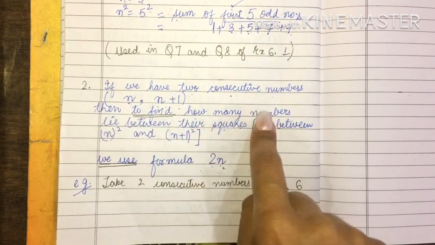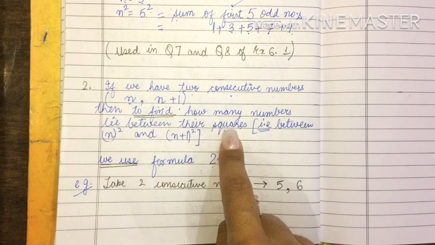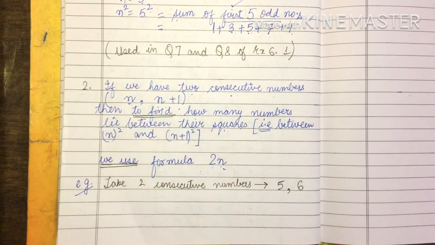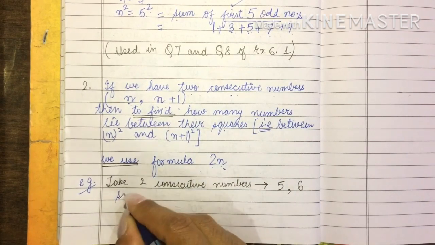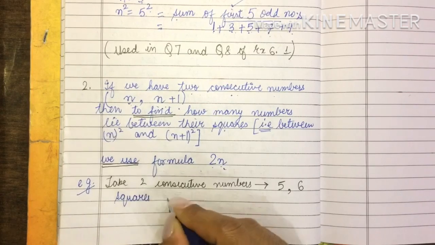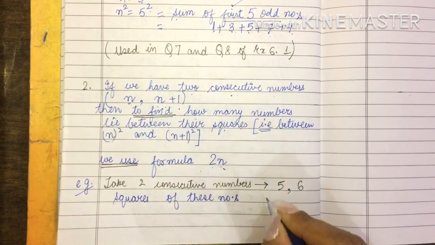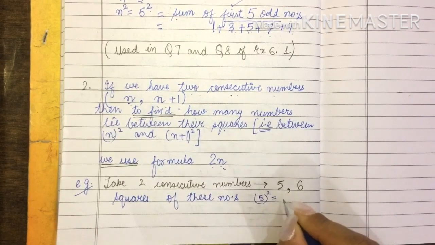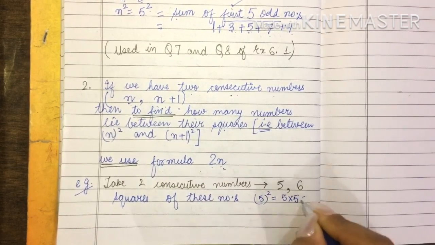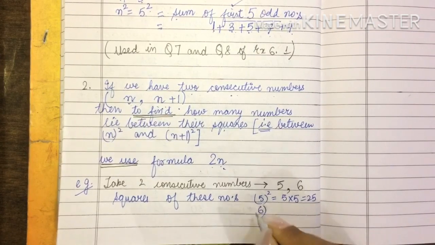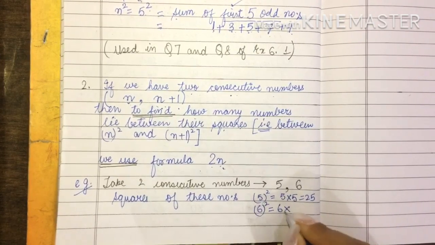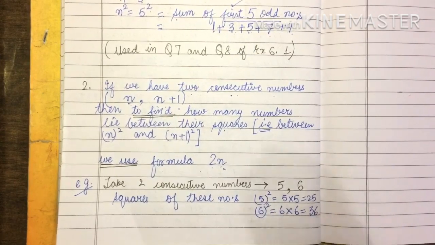I am looking for the numbers between their squares. So the next step is to find out the squares of these numbers. So 5 square will be 5 into 5, 25, and 6 square will be 6 into 6, 36.